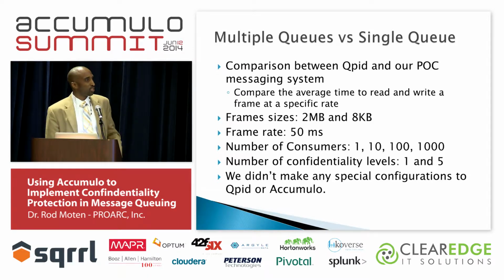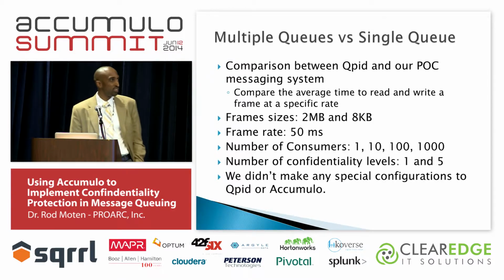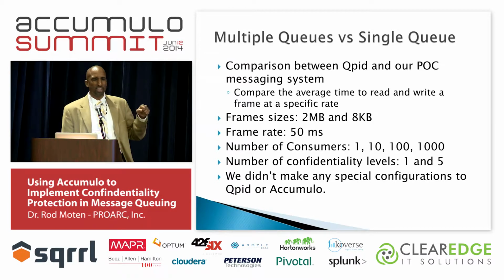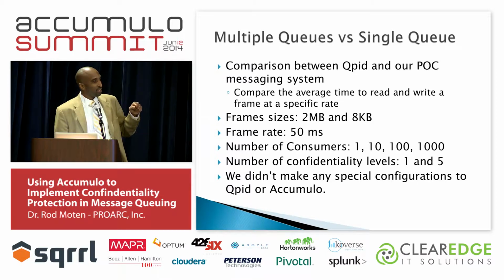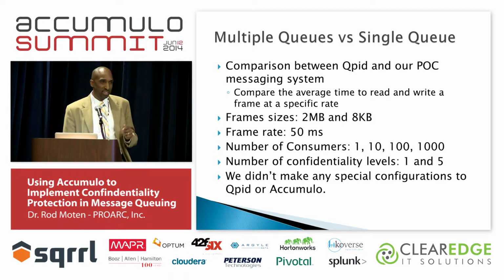And then we also took something that's a lot smaller, 8 kilobytes. I really thought QPid would be faster, and I'll show you later, in some cases it isn't. We knew that Accumulo QPid should be faster for 2 megabytes, and QPid should definitely be faster for 8 kilobytes.